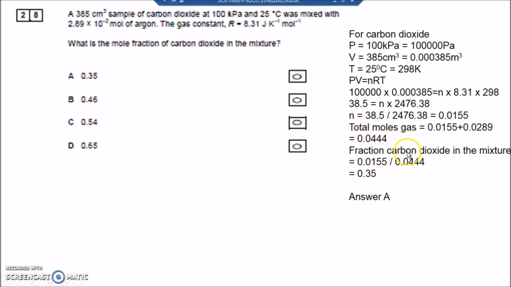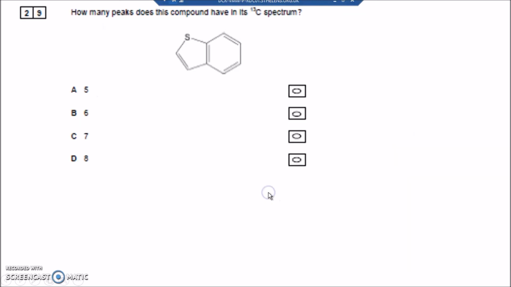So my mole fraction of carbon dioxide is the number of moles of carbon dioxide that I have, divided by the total number of moles of gas that I have altogether in the mixture. So 0.0155, the number of moles of carbon dioxide, divided by the total number of moles of gas in the mixture, 0.0444, is 0.35, so my answer is A.